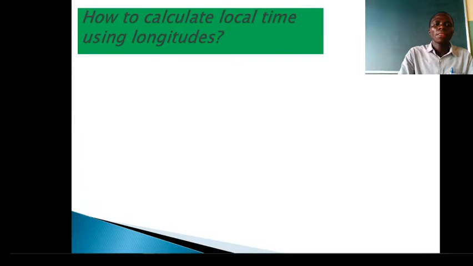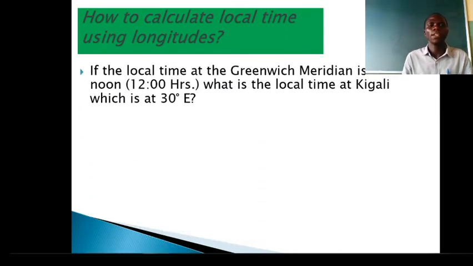Now, let us look how you can calculate local time using longitude lines. Let us have this example. If the local time at the Greenwich meridian is noon, 12 o'clock, what is the local time at Kigali, which is located at 30 degrees east?